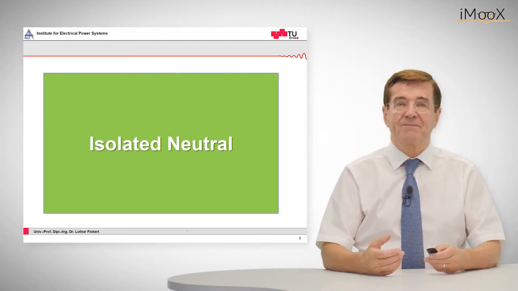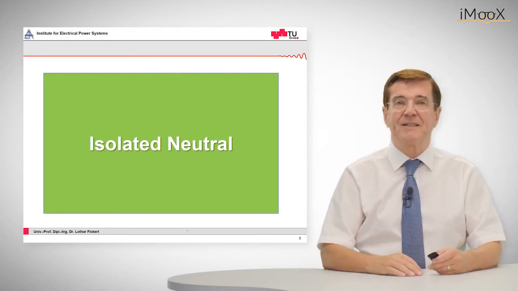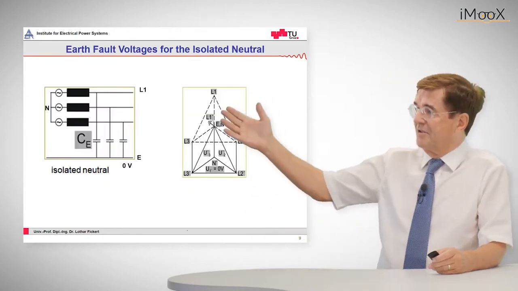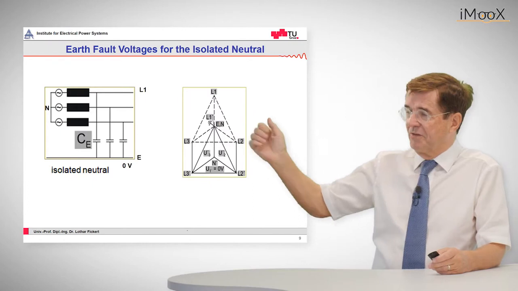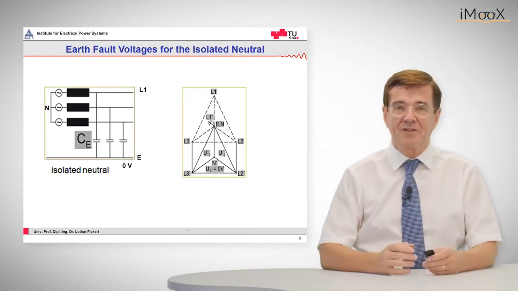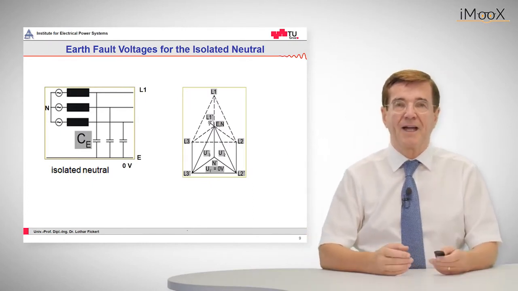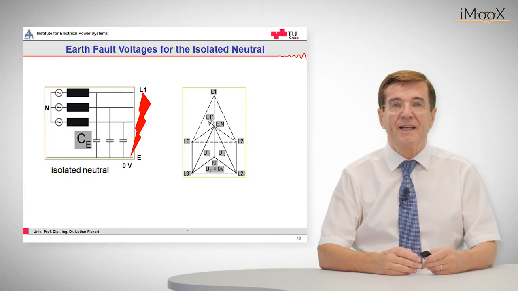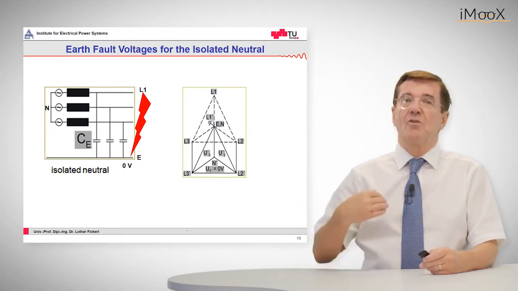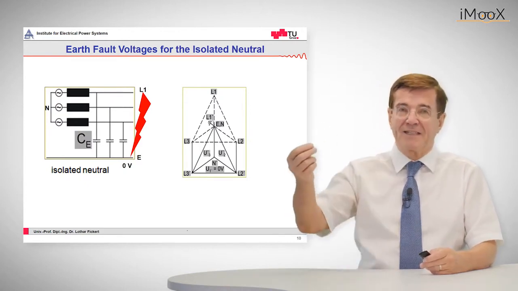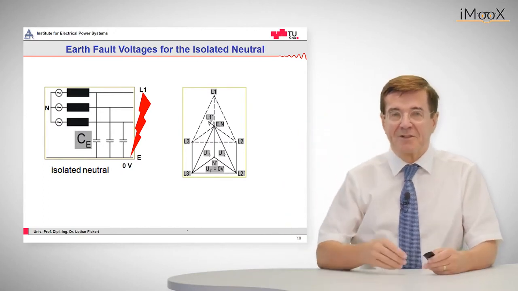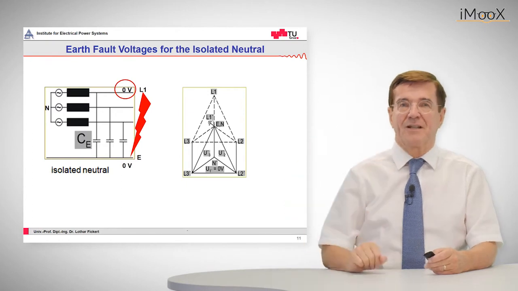Now, the best way to understand the whole regime is starting with the isolated neutral. We see on my right side the isolated neutral, which consists of a very simple transformer with a source impedance and a line, and in this case we also need the line to ground capacitances. The fault starts, and due to this low ohmic connection of one phase conductor to ground, which supposedly has 0 volts, we transfer the 0 volts onto the line.